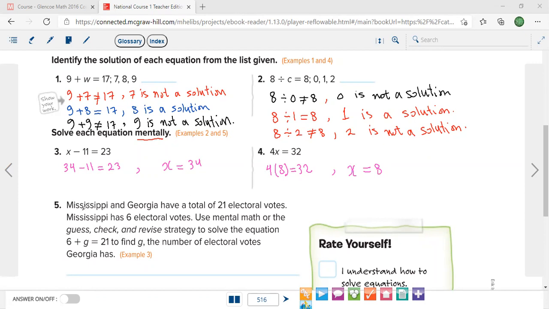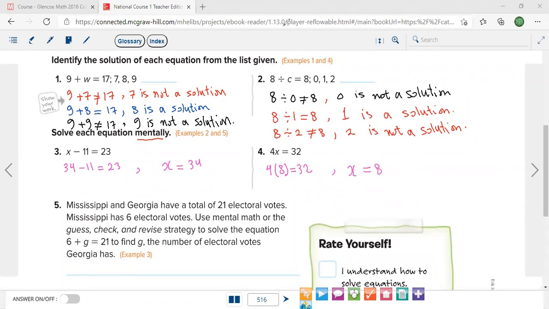In problem number 5, Mississippi and Georgia have a total of 21 electoral votes. Mississippi has 6 electoral votes. Use mental math or the guess, check and revise strategy to solve the equation 6 plus g equals 21 to find g, the number of electoral votes Georgia has.